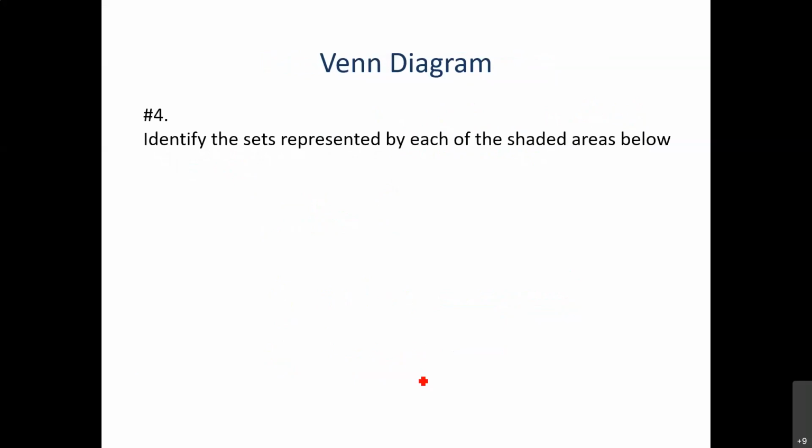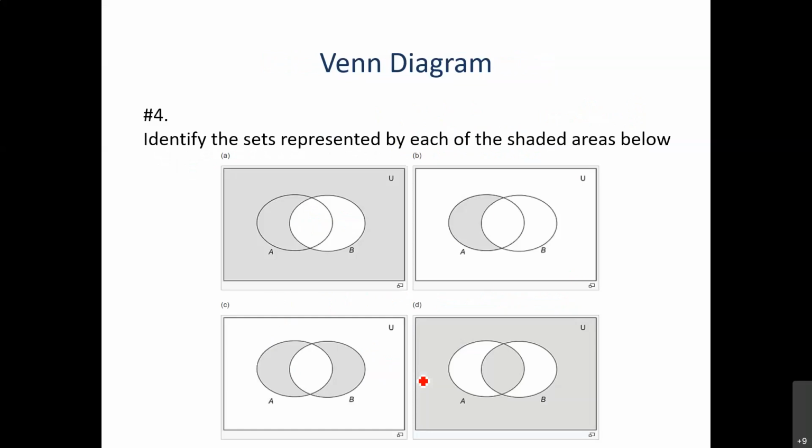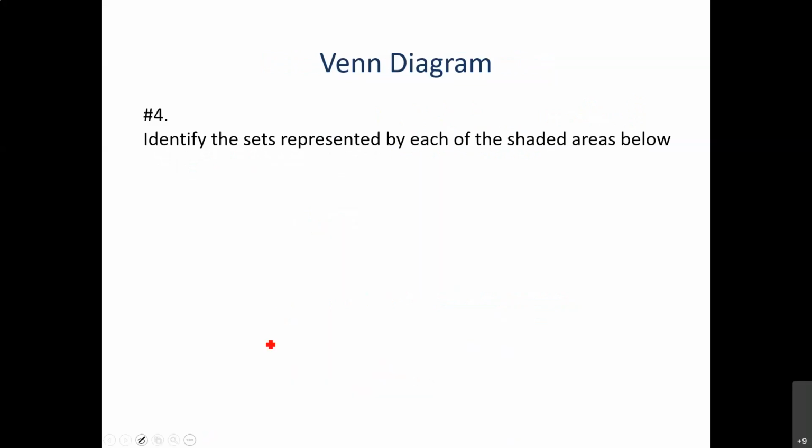Venn diagrams. Another important idea of how we represent sets. They're going to be asking us to identify the sets represented by each of the shaded areas. But just a moment before that, let's say we have the sets A and B. We want to represent them in a Venn diagram.